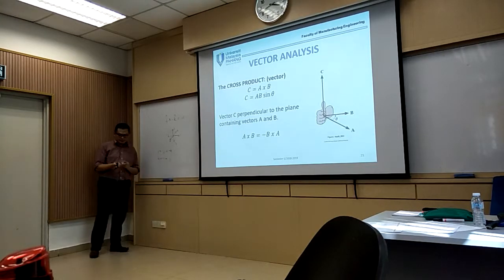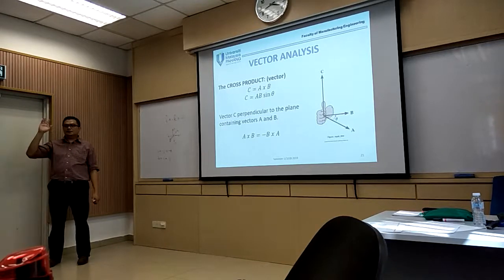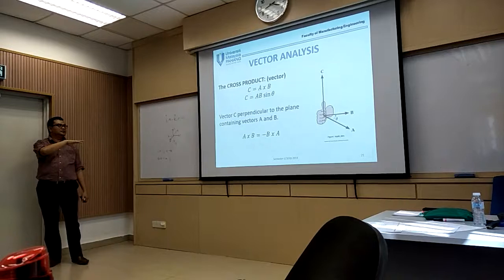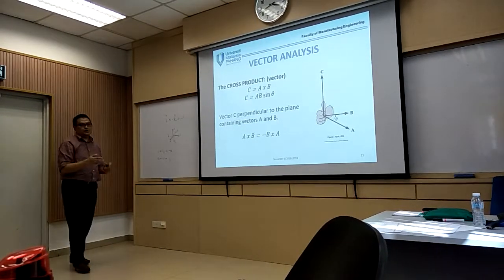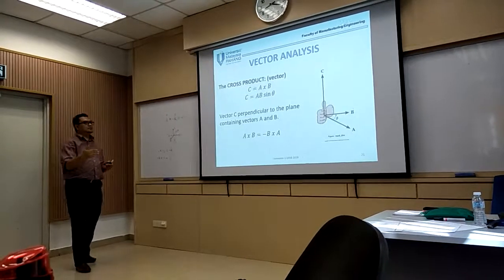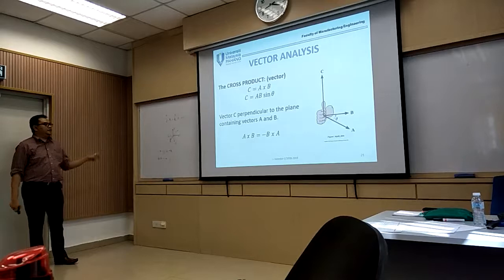Okay. Still confused? Any questions? This is important also, the cross product of vectors. We are going to use it quite often in some of the topics, so you have to get familiar with this.